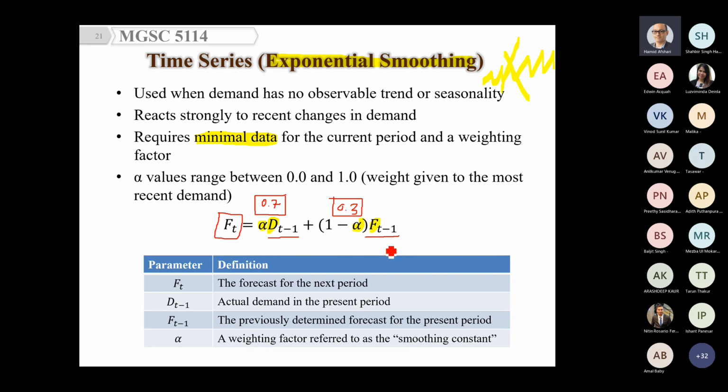Okay, so that's how it is translated. This is the formula that is going to help us calculate demand for next periods.